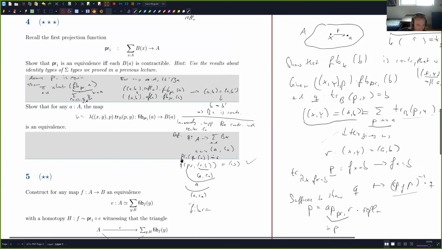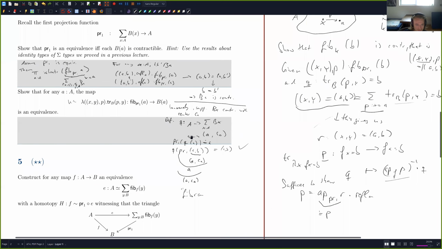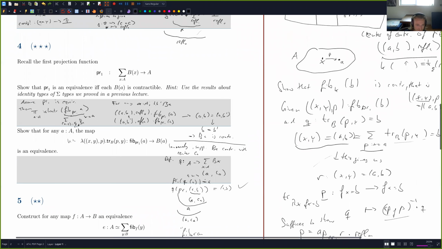You mean the fourth exercise or the fifth one? Fourth. Yeah, well, I'm not sure how far type families are introduced here.